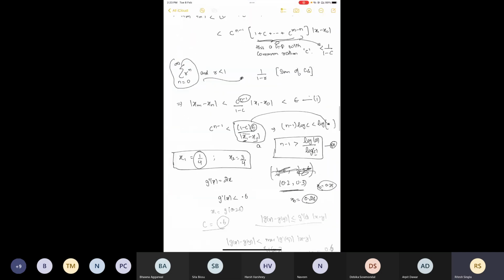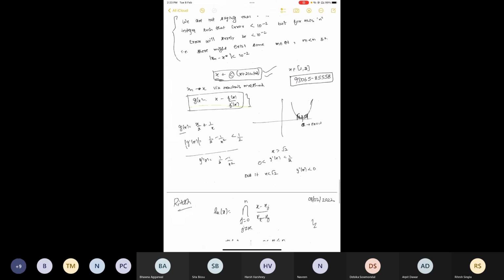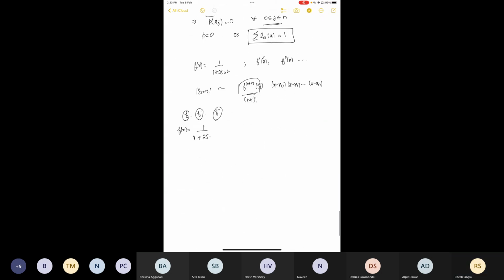So what I was saying is, f of x is 1 upon 1 plus 25x squared, right? If you go to the maximum value of f of x, it is going to be 1 at x equal to 0. I am just giving you the idea, I'm not saying it is exactly true.